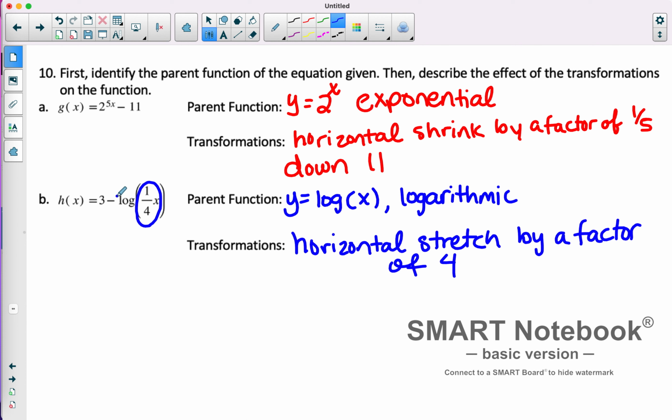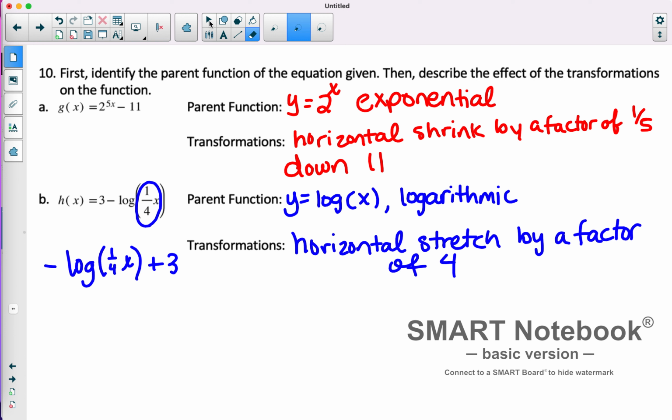If I go outside of the log, we see this minus, but that is the same as negative log of 1/4 x, and then plus 3. The 3 was positive, so it's a little easier to read it this way to know that that minus is a reflection. So we reflect over one of the axes.